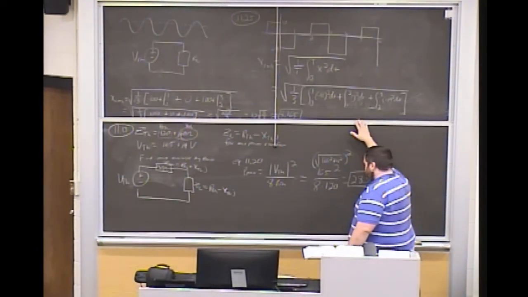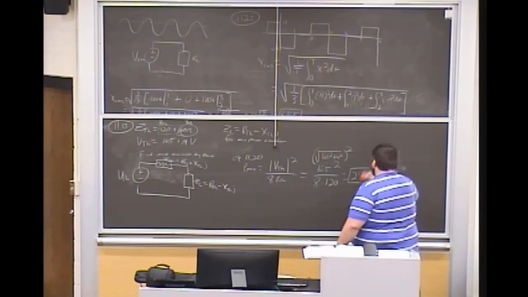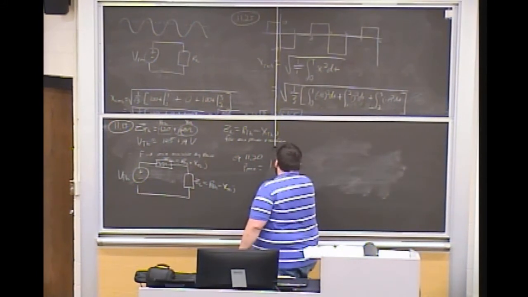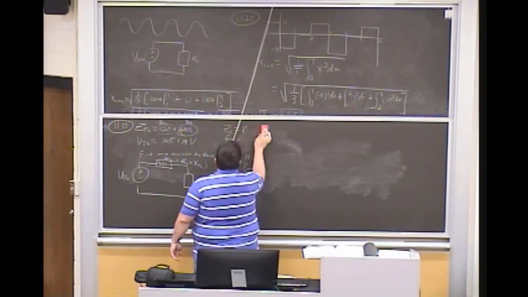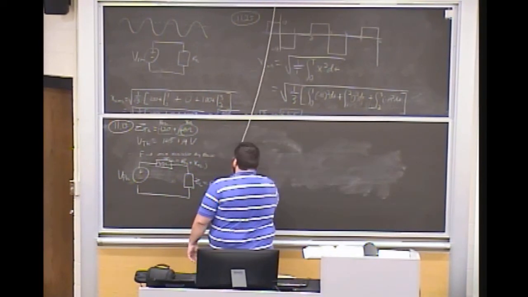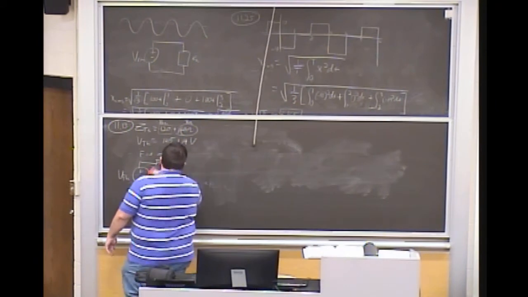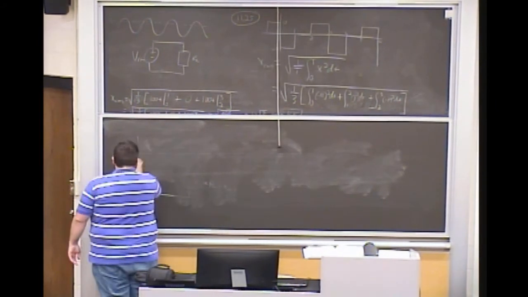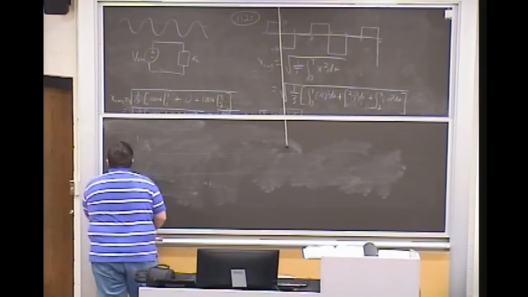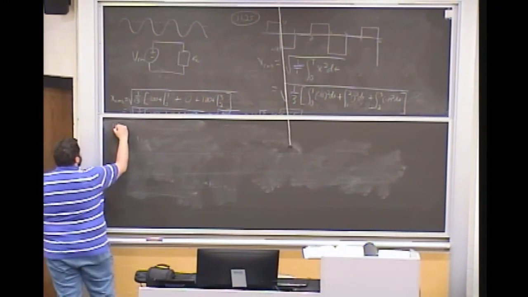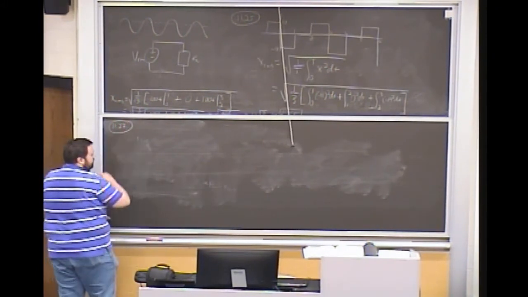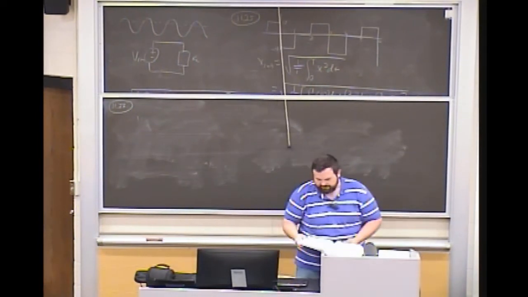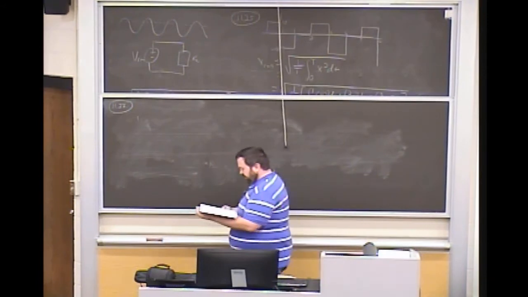So in 1127, what you're given is kind of this funky looking sawtooth triangle wave kind of thing. You're told this is a current.